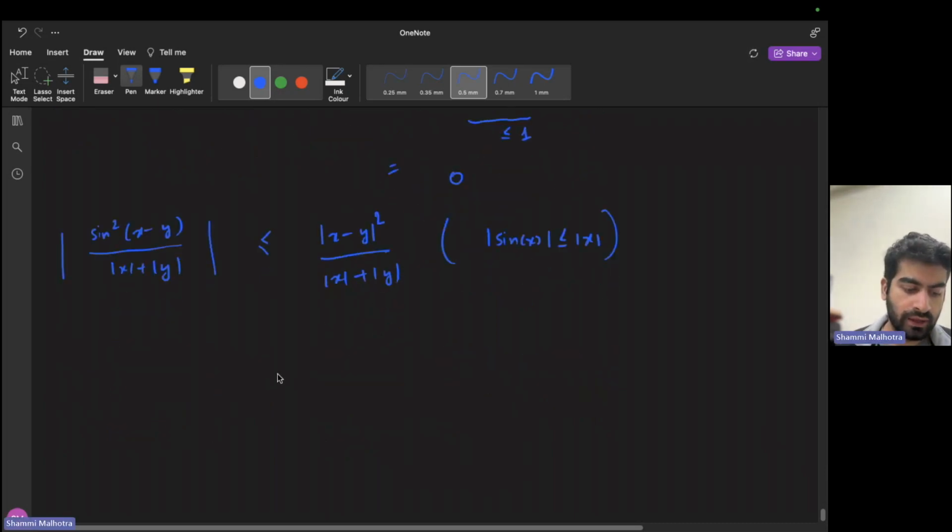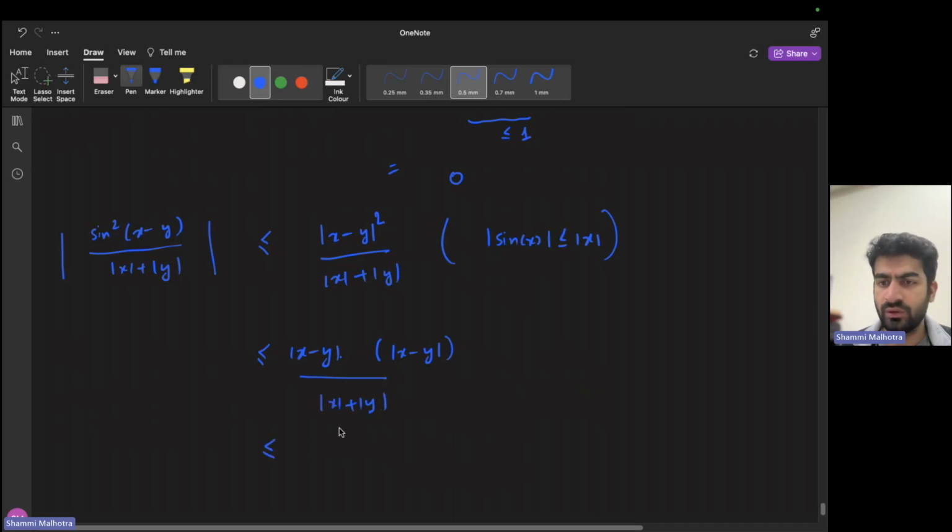And finally, what we would like to do is see that this can be written as mod of (x minus y) times mod of (x minus y) divided by mod x plus mod y.